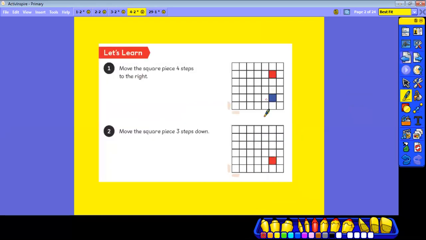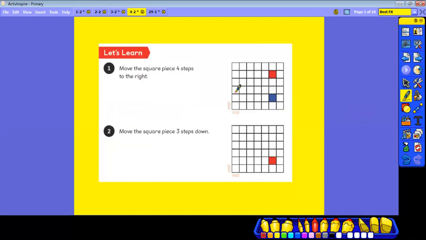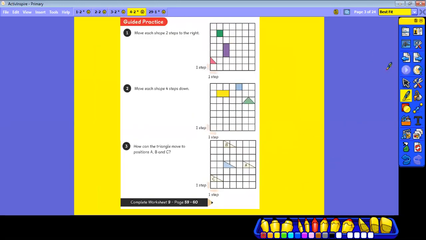And then move the square 3 steps down. 1, 2, 3. Yay! We've landed on the blue square. So our instructions would have been move the square piece 4 steps to the right, move the square piece 3 steps down. You all got that, didn't you, children? Was there another way? Yeah, there was. You might have gone the other way, but as long as you've landed on that blue square, you're correct.